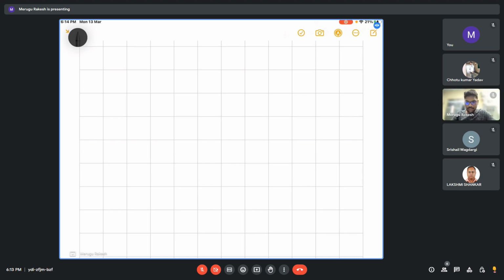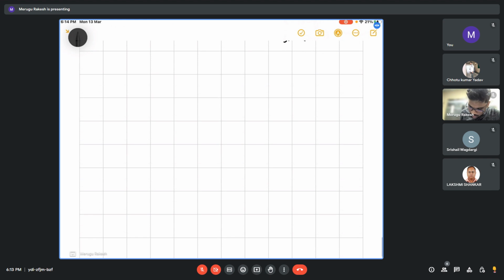Okay, so let me start with the phase diagram as I was discussing. What I want to discuss is that cast iron has a carbon weight percent greater than 2.